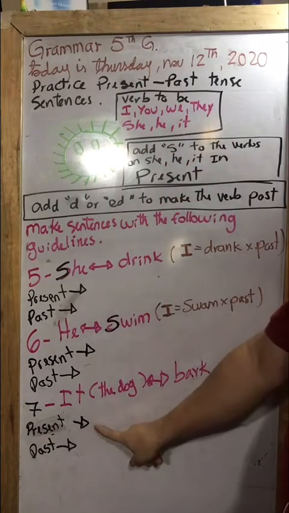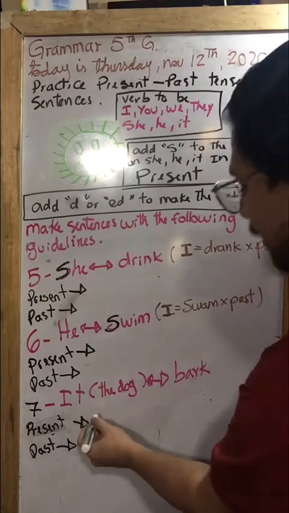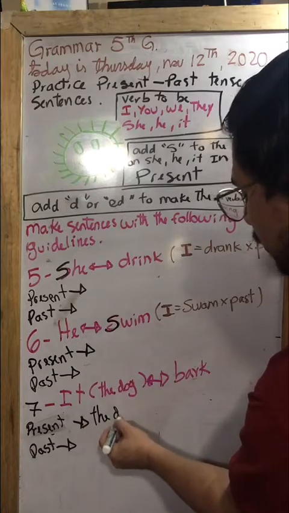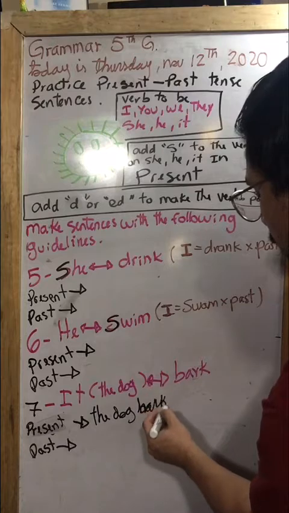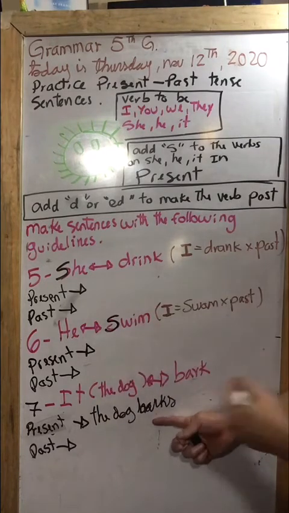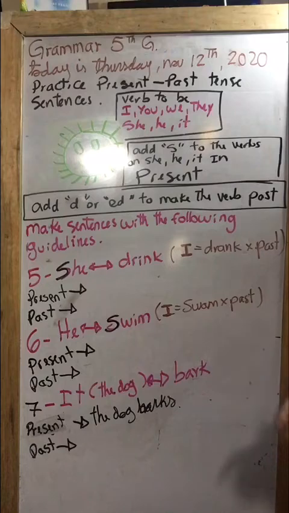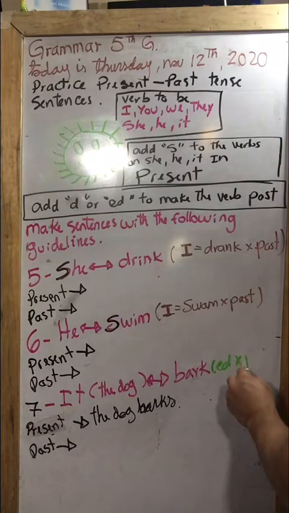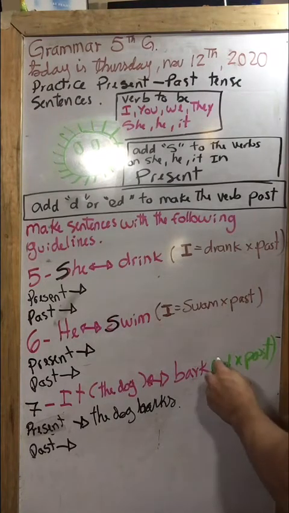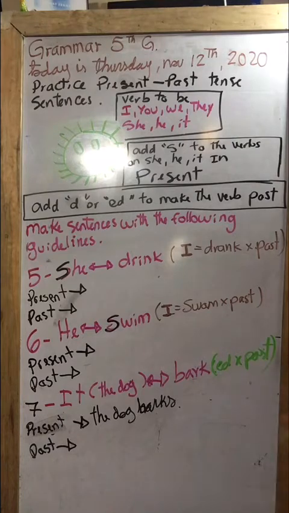So we write the dog barks. See? Because it's third person. And as much as this is regular, we just have to add ed for past. Okay? So what am I going to write? The dog barked. Barked, because that would be the correct form to do it.